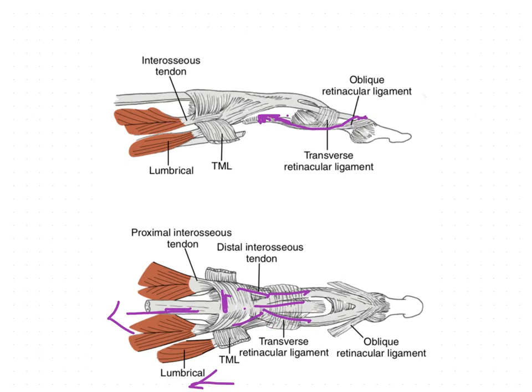The structures crossing the PIP joint are the central tendon and the lateral bands dorsally and, volarly, the oblique retinacular ligaments.